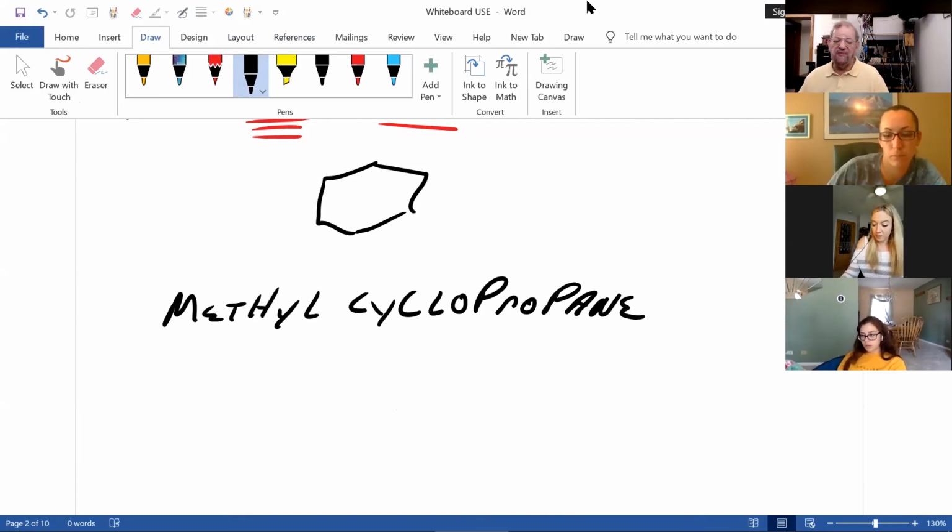If you haven't learned, propane is 3. Why don't you draw the structure for methyl cyclopropane? You're doing organic chemistry and it's not that bad. I hope.